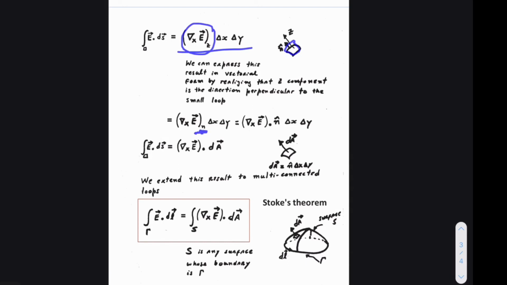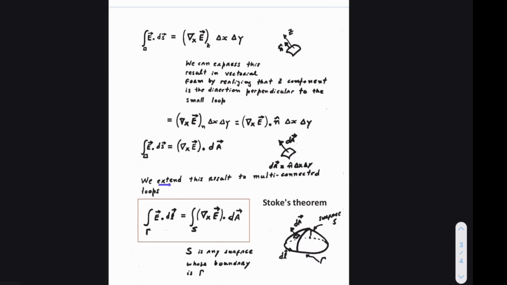Then we can find the component of the curl of vector field E in the direction n by this dot product with the unit normal n hat. And remember that we can write this thing as the area vector dA. So this becomes the expression for circulation of a vector field E around a small rectangular loop.